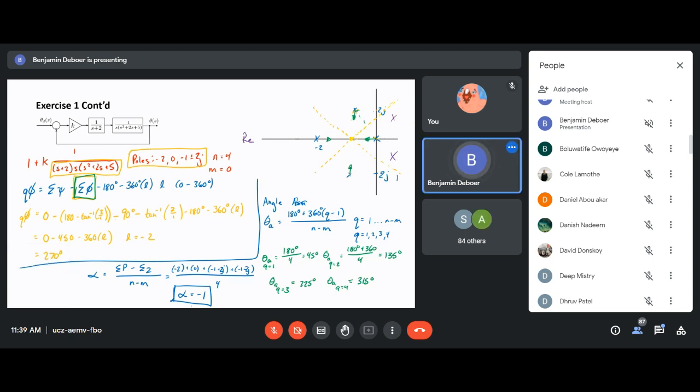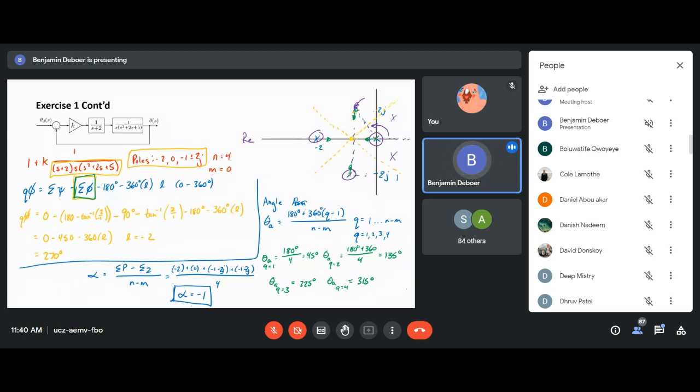So how it works is you look at each individual pole here, and everything's in reference to the positive real axis. If you want to find the angle of departure of this pole, you have to look at all the other poles and zeros that are on your root locus and find the angle from their positive real axis to the root locus here.